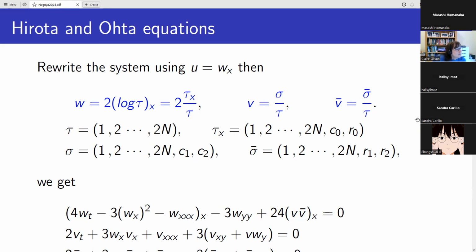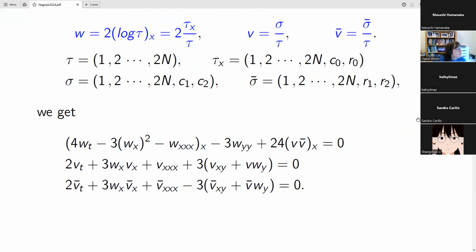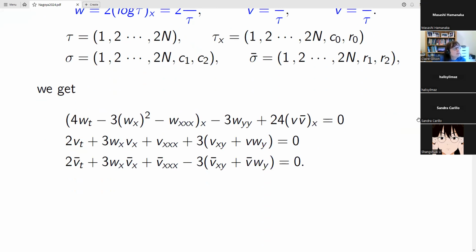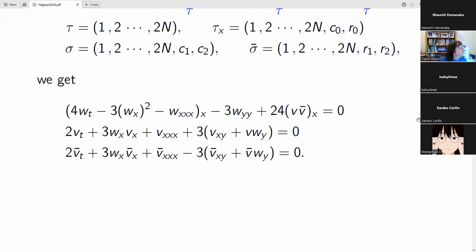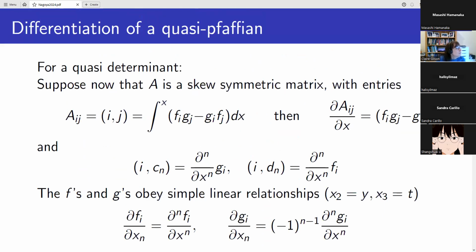And so this is my system so I'm still thinking about commutative things, but this is my system with the W's. So I've got rid of the integrals just for convenience. Right. So I want to turn this into a quasi-Pfaffian thing.